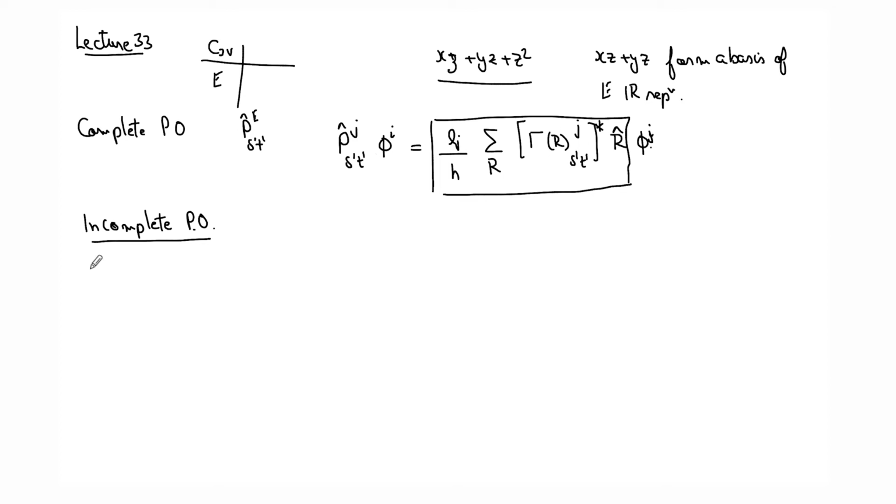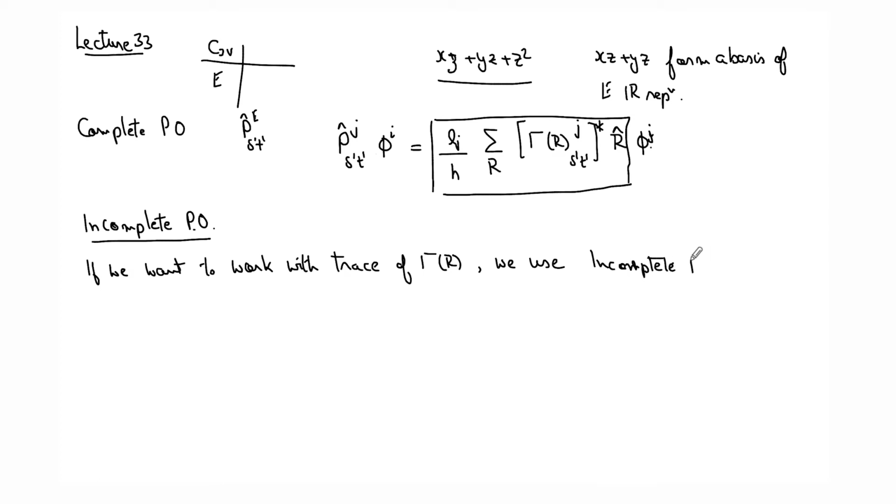Whereas if we want to work with the trace of this matrix, we use the incomplete projection operator. Now let's see how we get from the complete projection operator to the incomplete one.